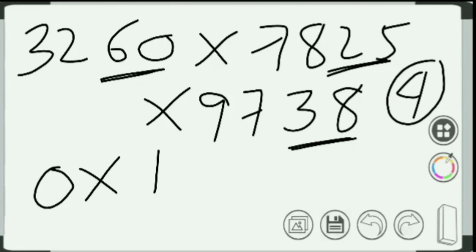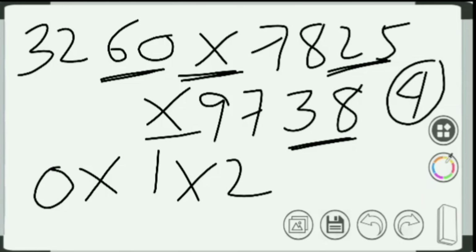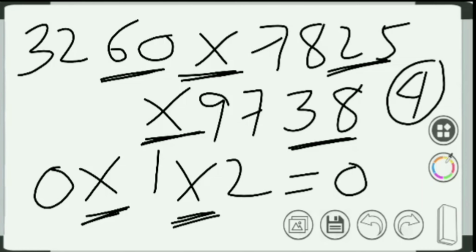And when 38 is divided by 4, the remainder is 2. Here we take the operation multiplication, because here the operation was multiplication. So we use the same operation here. 0 into 1 into 2 is equal to 0. So the remainder will be 0.